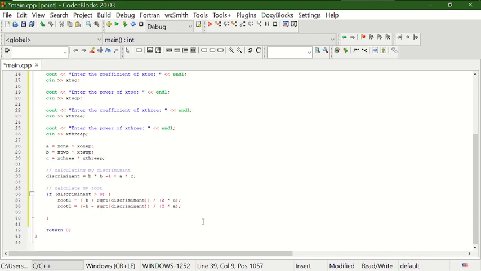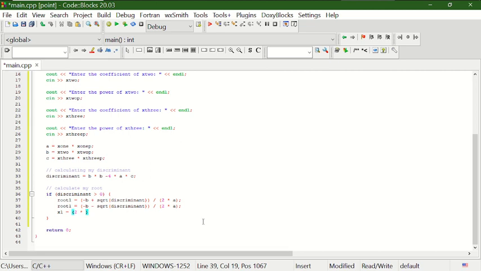The next one we do is, we say x1 is equal to, in bracket 2 times root 1 times root 1 times root 1, because if we substitute x, the power was cubed, right?